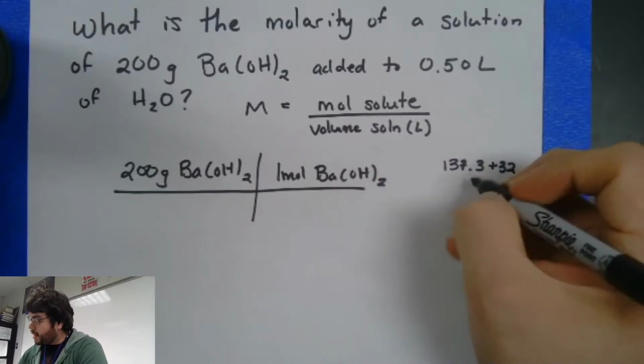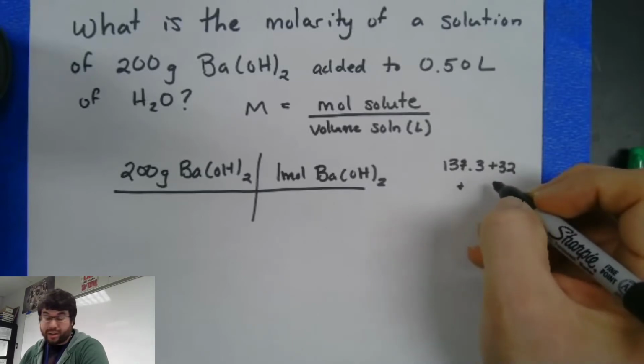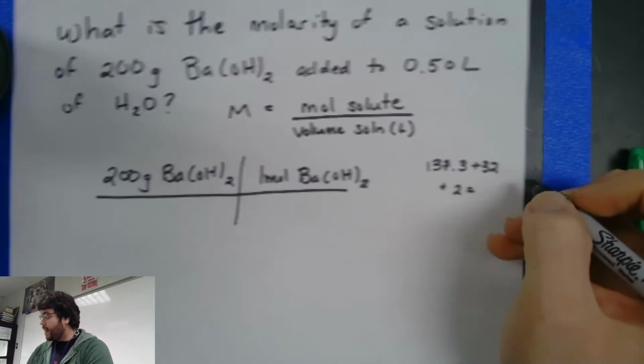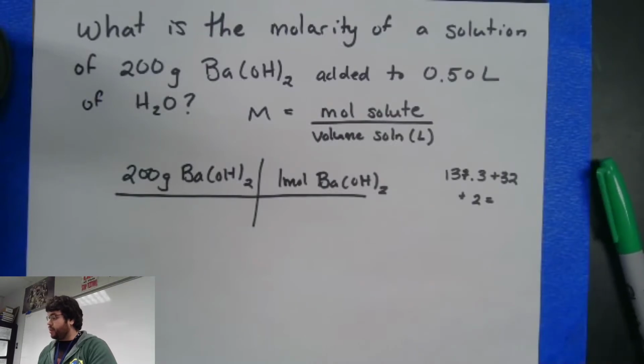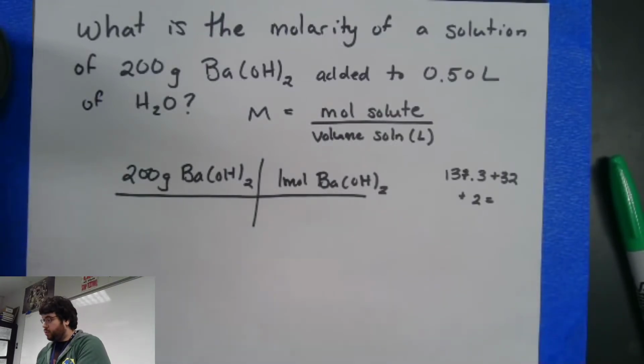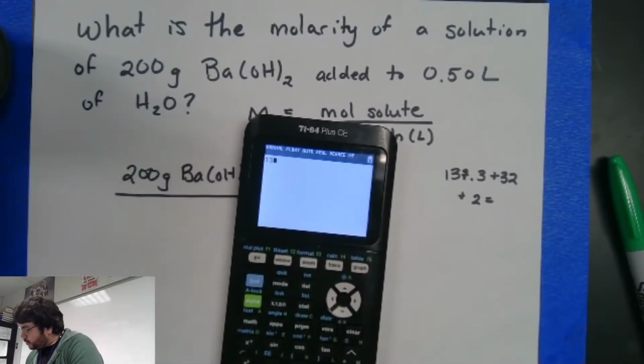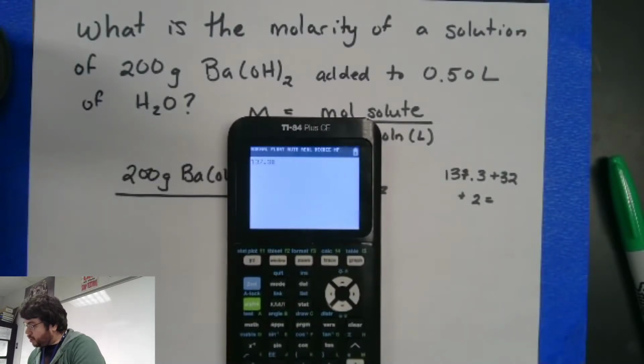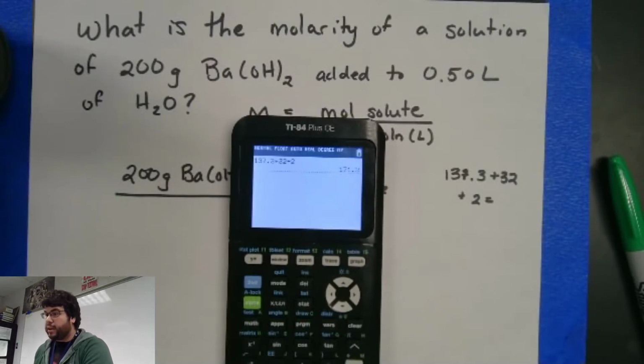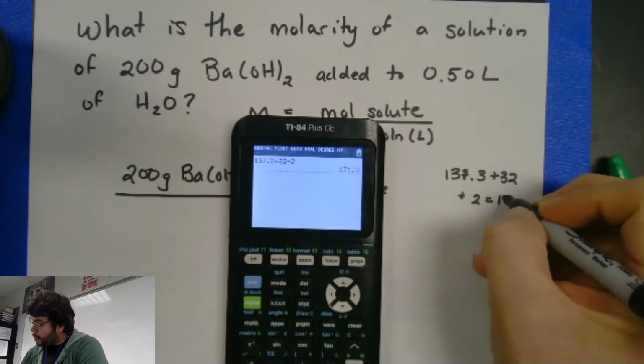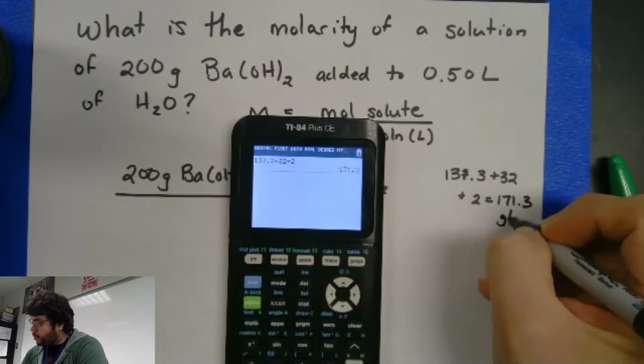And then 2 hydrogens, molar mass of hydrogen is 1, so we'll just add 2 to that. So the molar mass of barium hydroxide here, 137.3 plus 32 for the oxygens, and then plus 2 for those hydrogens is 171.3 grams per mole.